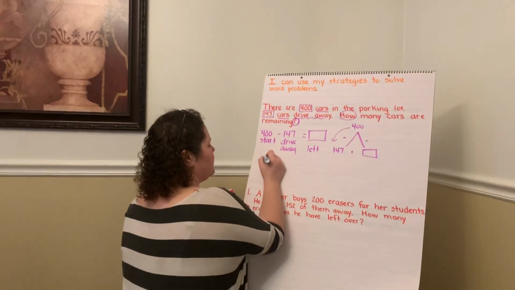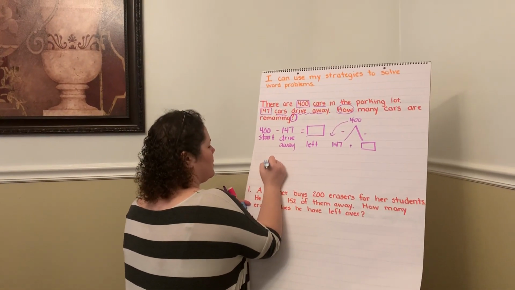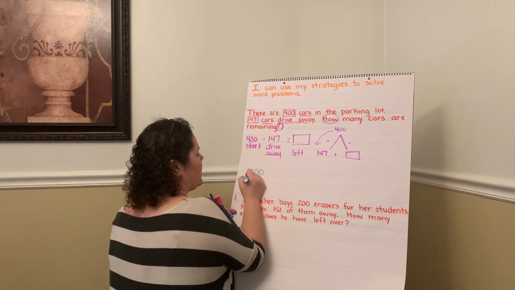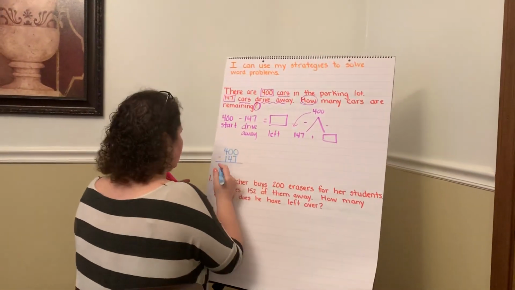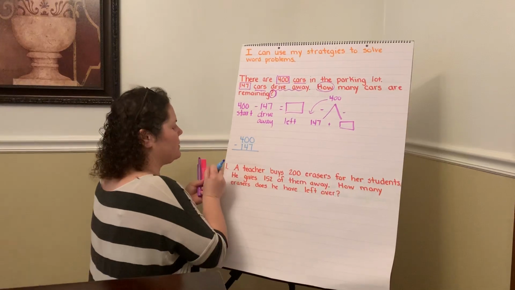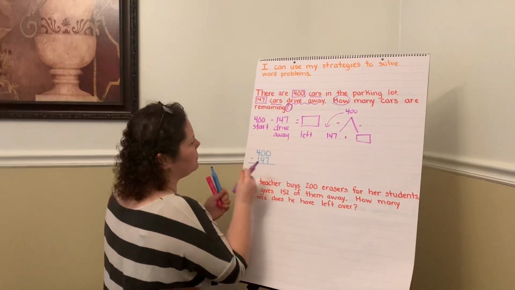So I have 400 here, and I want to take away from that 147 cars. That's how many leave my parking lot. And that'll tell me how many are remaining.